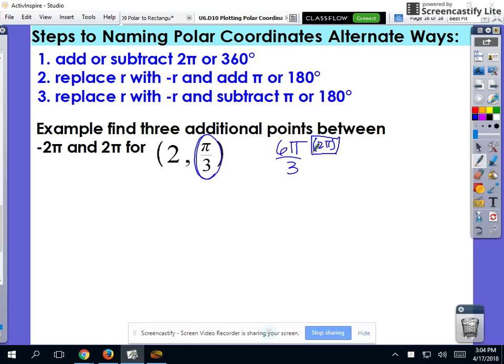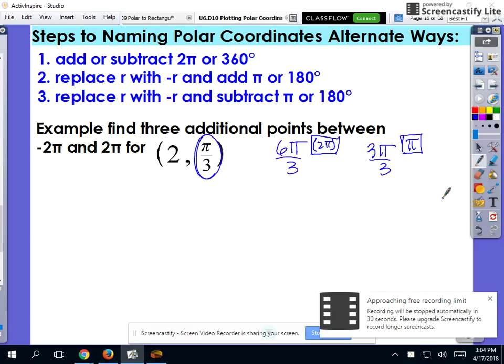And then we have 3 pi over 3, which is the same as pi, just to help us when we're adding later on. If I add 2 pi to 2 pi over 3, that's going to make us go beyond 2 pi, which is not good. We're going to subtract. So that gives us -pi, 5 pi over 3.